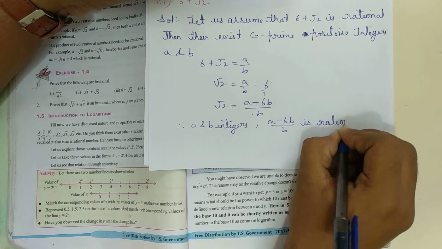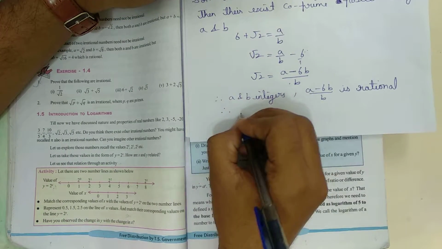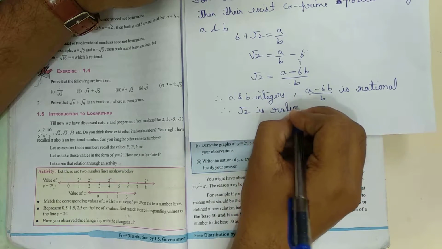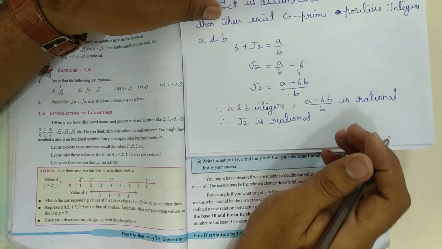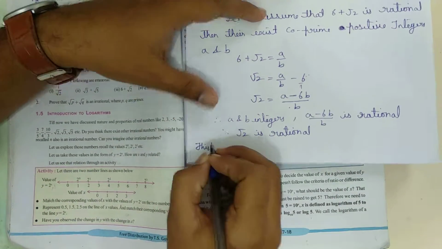Why? It is in the form of p by q. So by our assumption we can say that √2 is also rational, but you know that √2 is not a rational number.